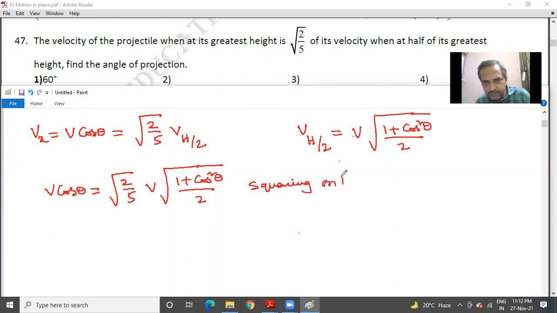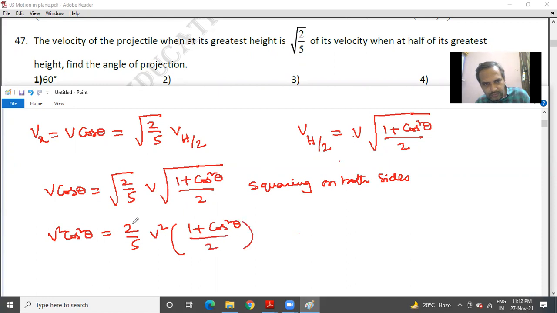on both sides. So you'll get v square cos square theta is equal to 2 by 5 times v square with (1 plus cos square theta) whole divided by 2. So the 2 and 2 cancel, v square and v square cancel. So it will be 5 cos square theta is equal to 1 plus cos square theta.